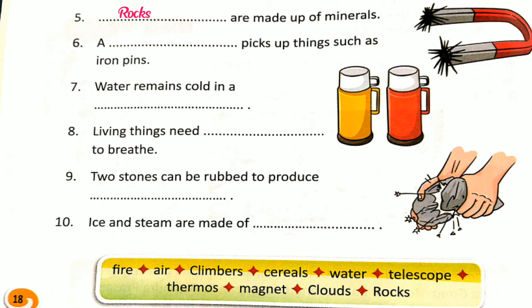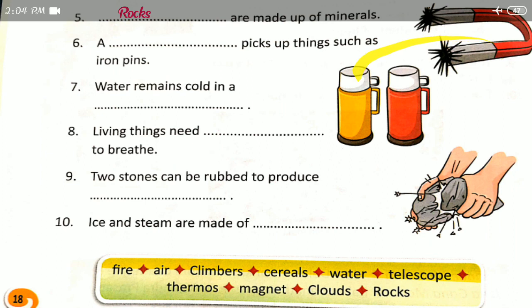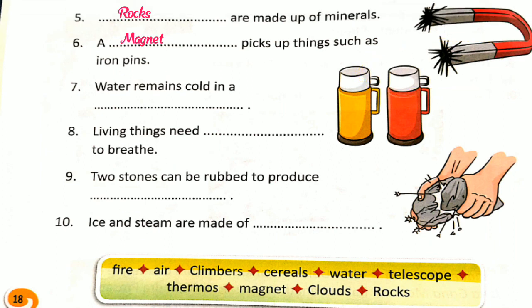Okay, now number 6. A blank picks up things such as an iron pin. So what is a thing that picks up or attracts things? It is a magnet. Magnet picks up things such as iron pins. Okay, now number 7. Water remains cold in.